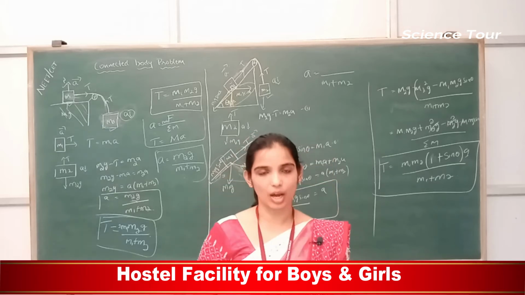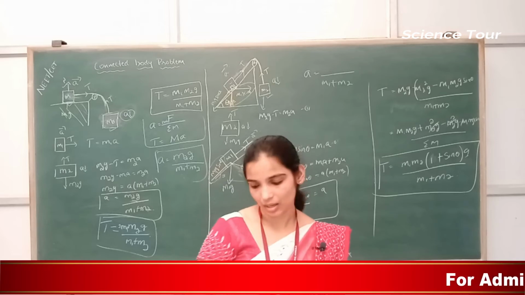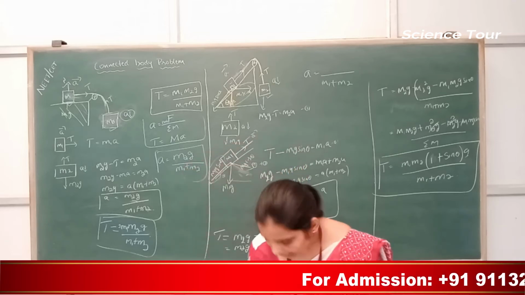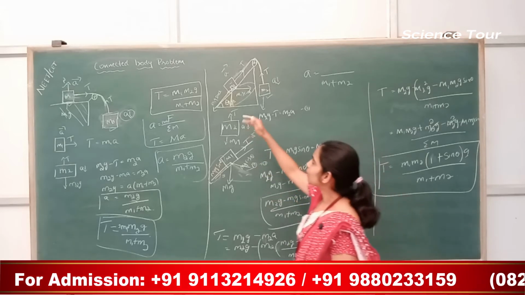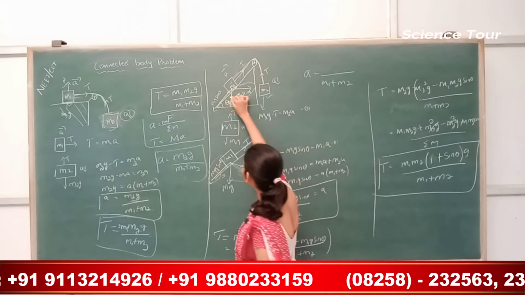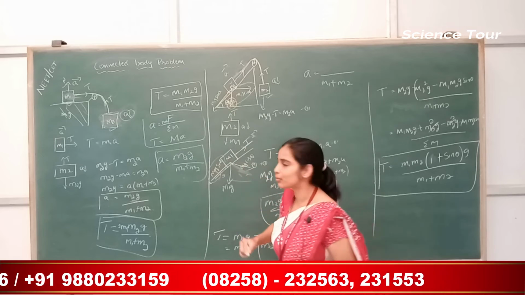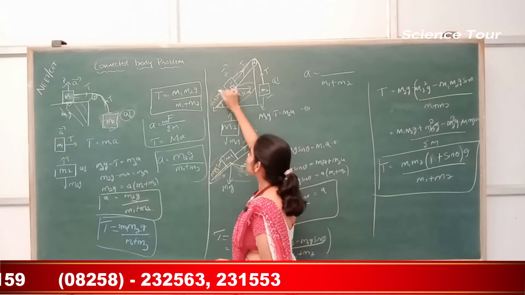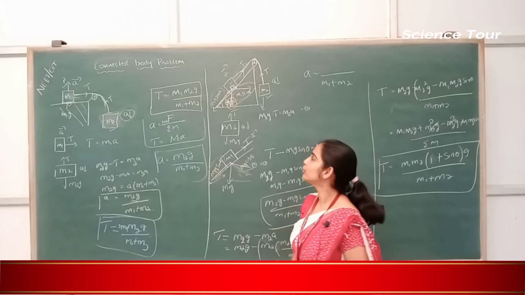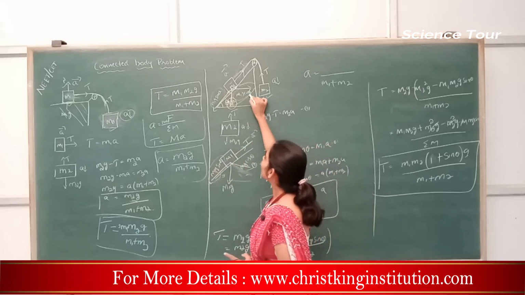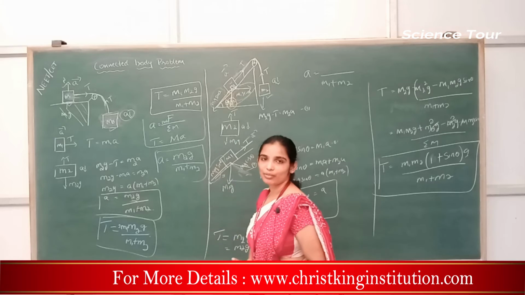Weight is a vector because it is a force, so it can be resolved. So you can't consider m1 g as an external force here. m1 g sin theta and m1 g cos theta are the external forces. But m1 g cos theta will be nullified.